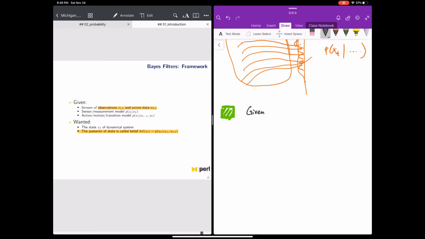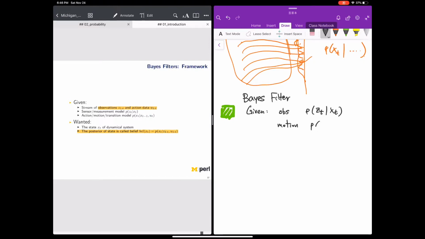Let's write the Bayes filter here. So we were given an observation model. And we also have a motion model. So the motion model is just based on my action.